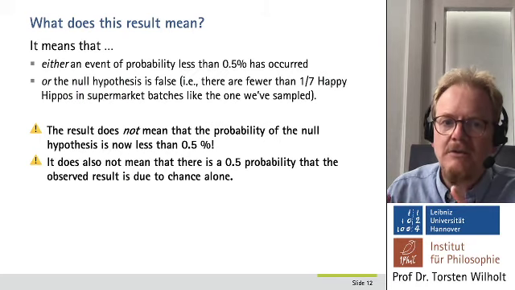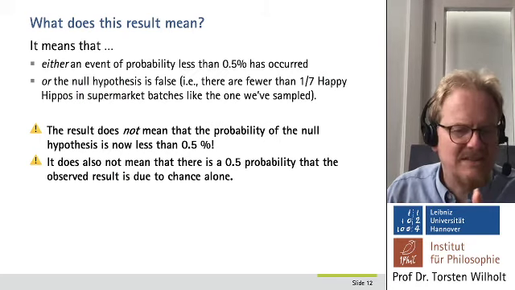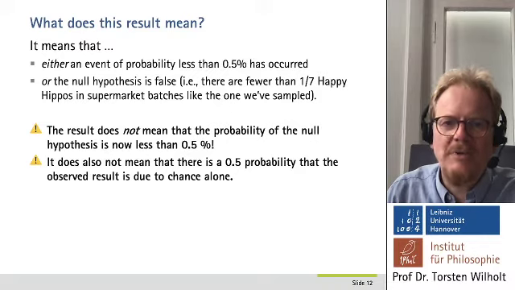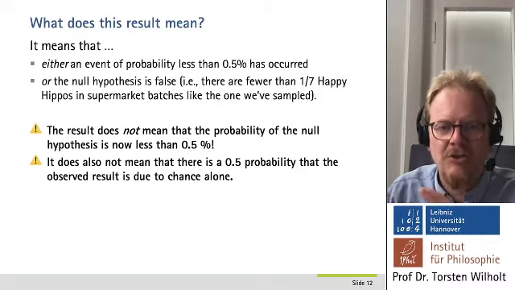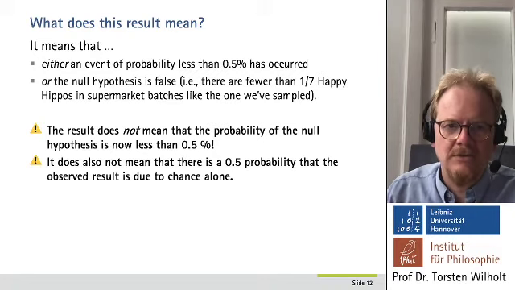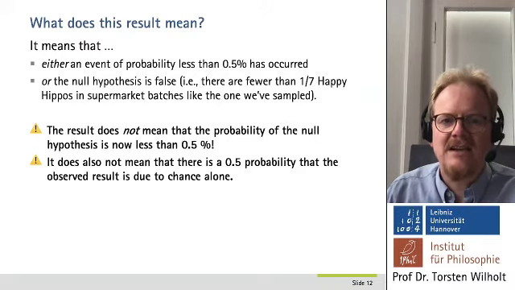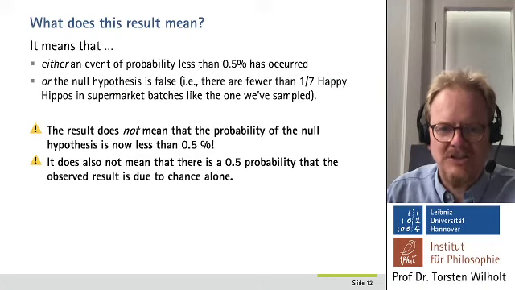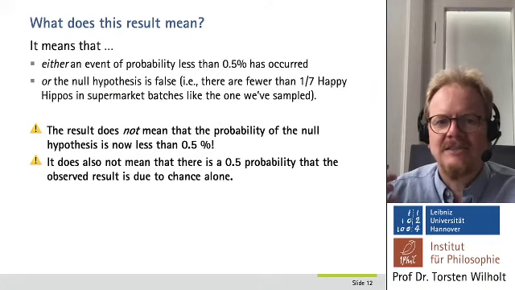The null hypothesis is called the null hypothesis because it's typically a hypothesis that there's no correlation, no special correlation, no particular stuff going on. And then you find that the data are highly unlikely if there's no correlation, if there's nothing special going on.